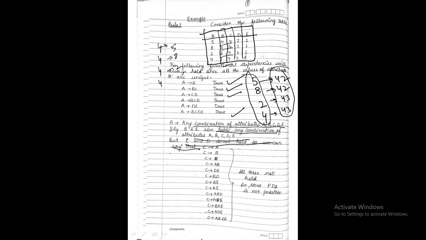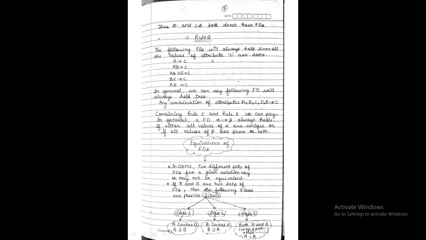You cannot say one time 4's value is 5, another time 4's value is 8, another time 2, another time 3. This is not a functional dependency. When this type of situation is given, functional dependency is not possible.